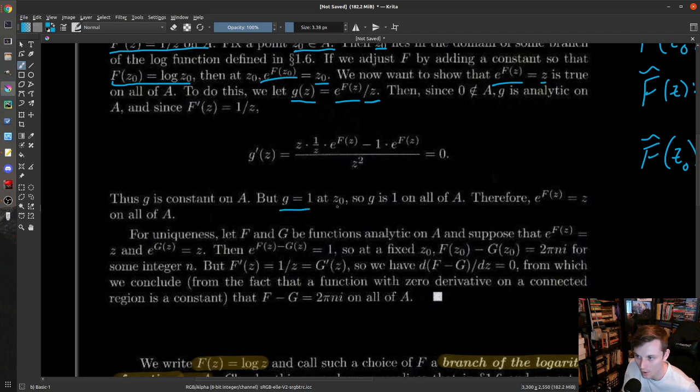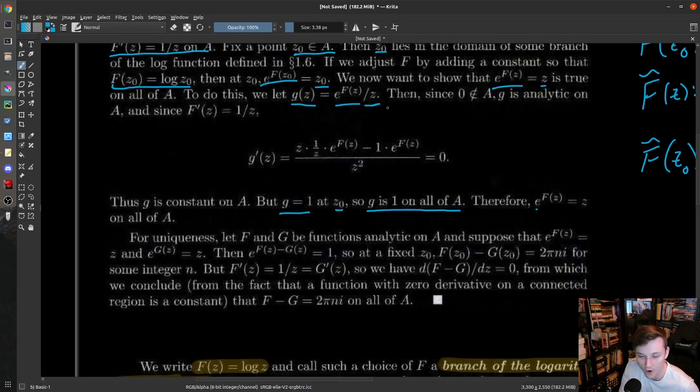So g is 1 at z naught, hence g is 1 on all of A. Therefore, if g of z is equal to the constant function 1, then e to the f of z over z is equal to 1. Multiply both sides by z, and you're good to go. You've got now the existence of a logarithm on all of A.